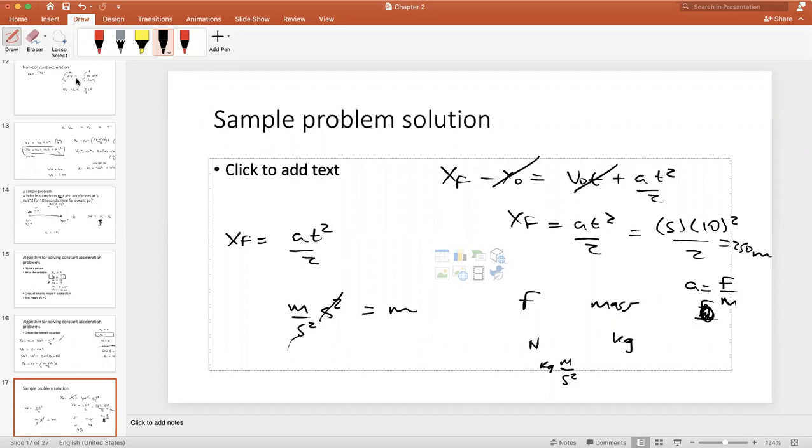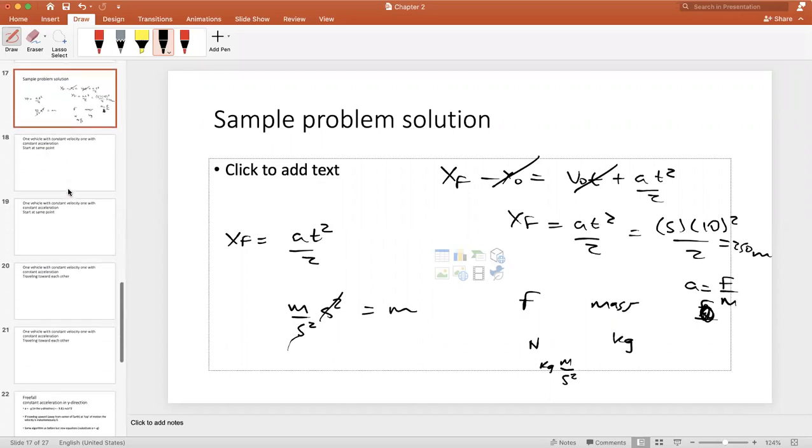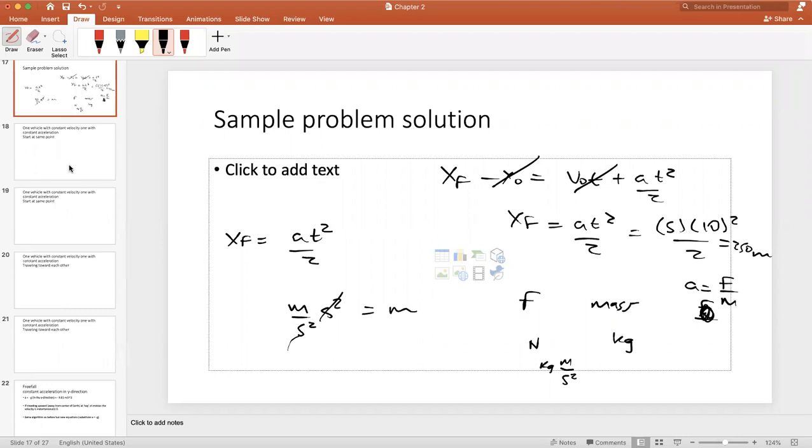Anyway, let's move on to some actual fun problems. Unfortunately, these are all going to be cars. In general form, they're cars, but it could be anything. It could be 2 birds flying in the sky. It could be 2 fish. It could be 2 rockets shot at each other, whatever they are. In these problems, they're all going to be one dimension, and they're all going to have constant acceleration or acceleration of 0.